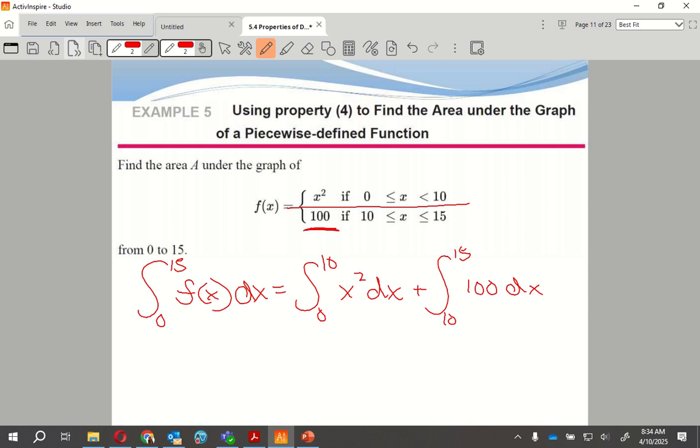So what's the integration of this one? X cubed over 3 from 0 to 10 plus, what? Say it again. 100x. From 10 to 15. So top minus bottom, it's going to be 1,000 over 3 minus 0, right?